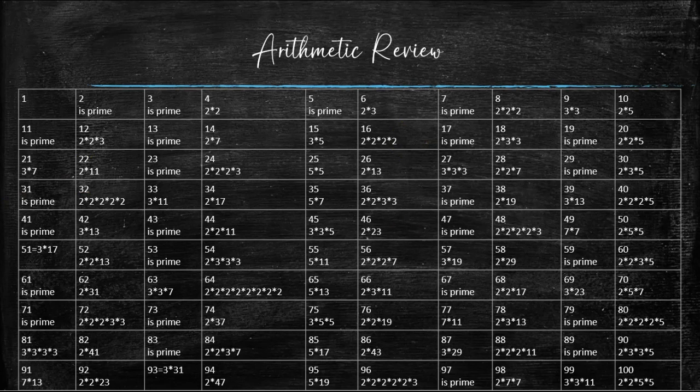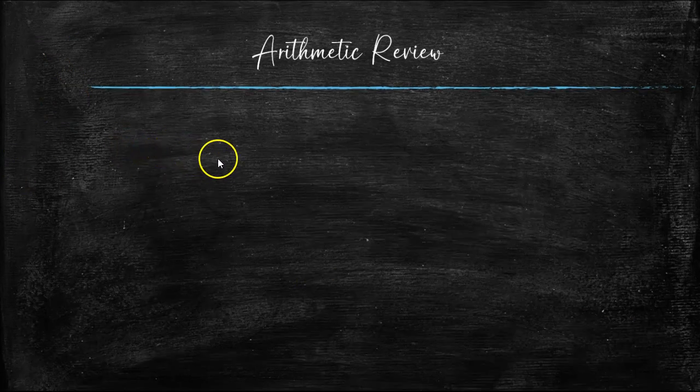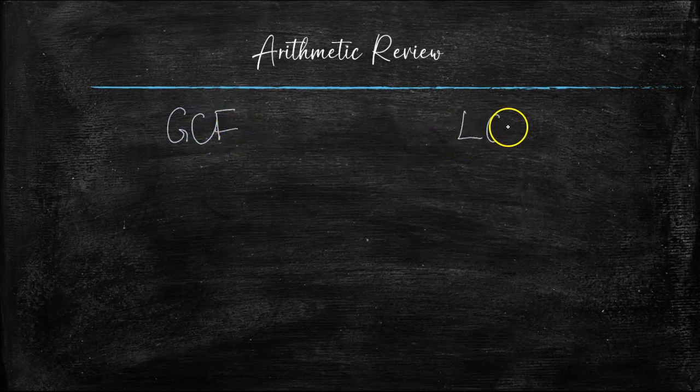Now, immediately, as a bonus, once you know how to decompose a number into prime factorization, the following skills are something that we acquire right away. For any two given numbers, we know how to find GCF and LCM.